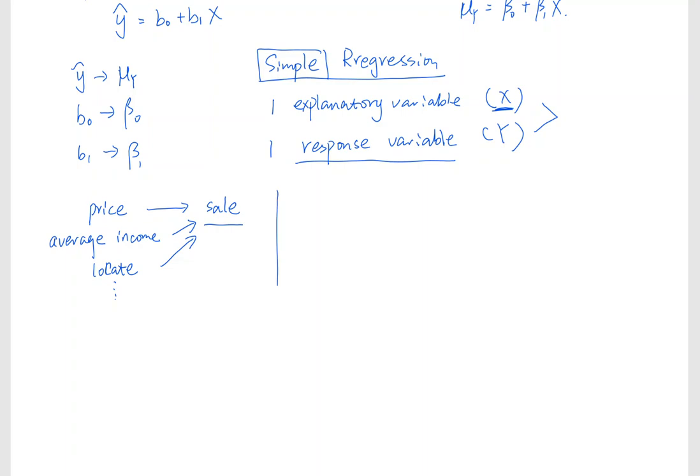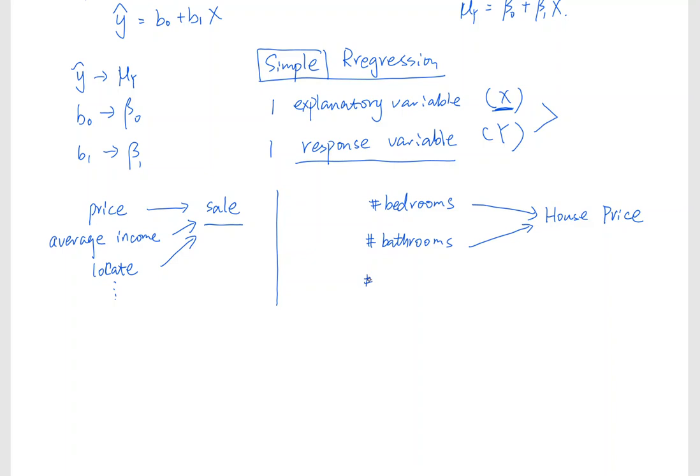So let's make another example. When we want to buy a house, the house price will be affected by a lot of influencing factors, right? Let's say the number of bedrooms will affect the house price. And the number of bathrooms of a house will also affect the house price.